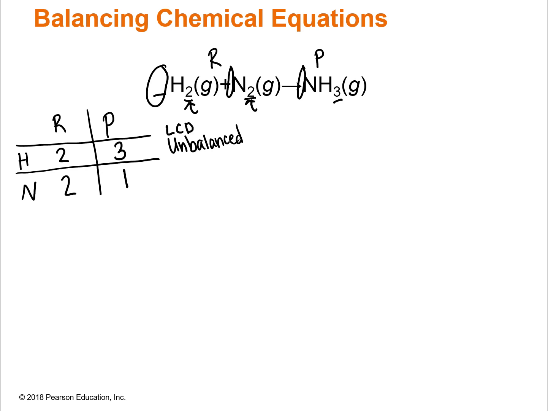We need the lowest common denominator for 2 and 3. So that's the smallest number that you can take and divide by 2 and divide by 3 and get a whole number. The lowest common denominator for 2 and 3 is 6.